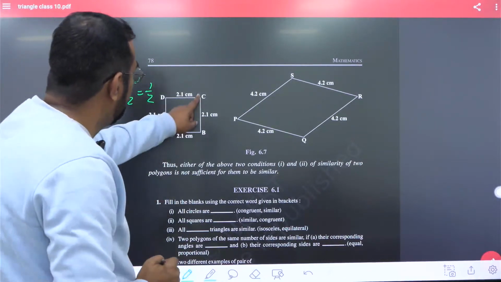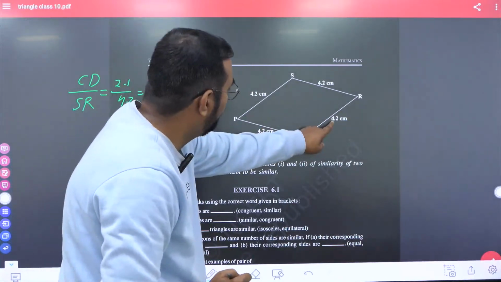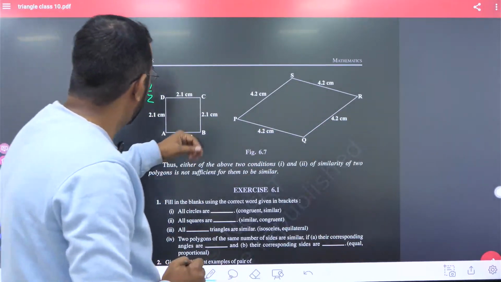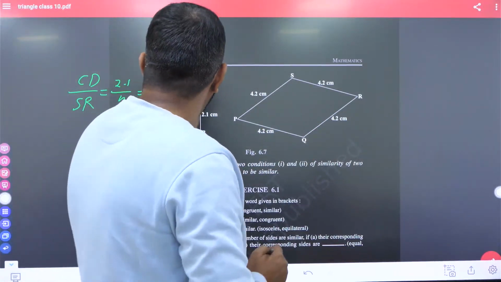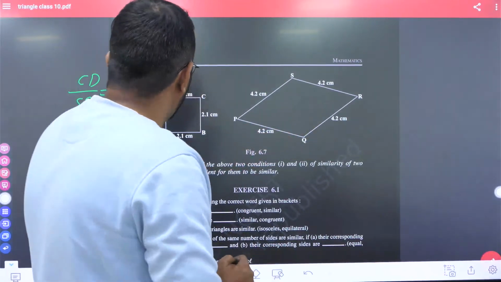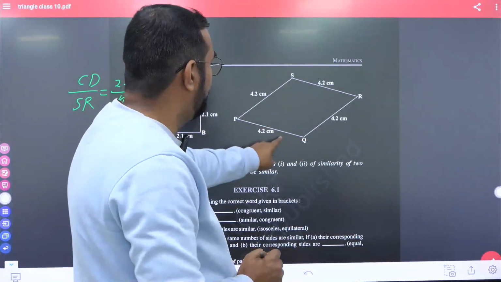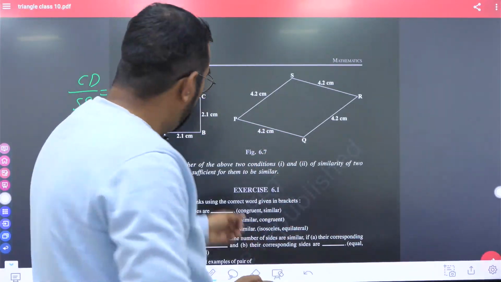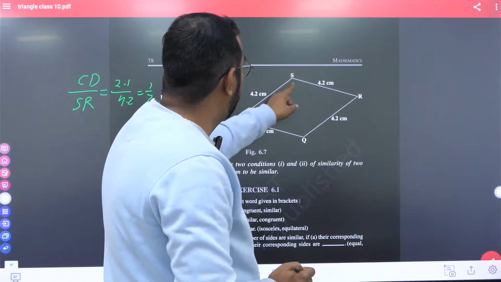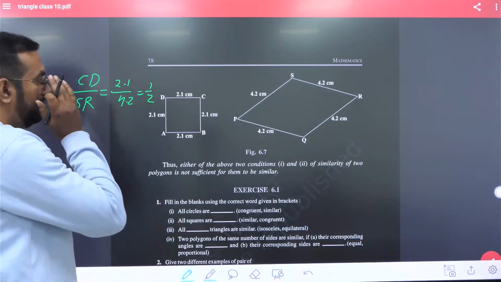Similarly, BC upon QR is 2.1 upon 4.2, equal to 1 by 2. AB upon PQ is 2.1 upon 4.2, which means 1 by 2. AD and PS is also 2.1 upon 4.2, which means 1 by 2.